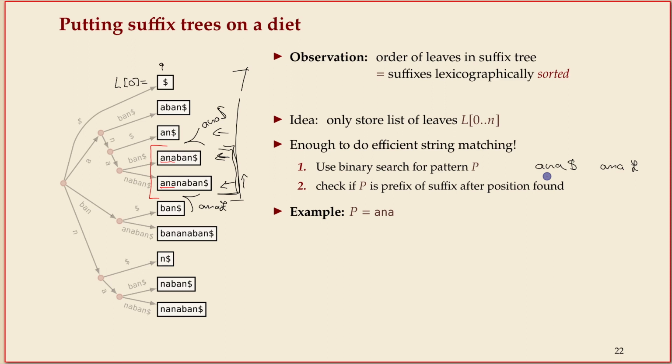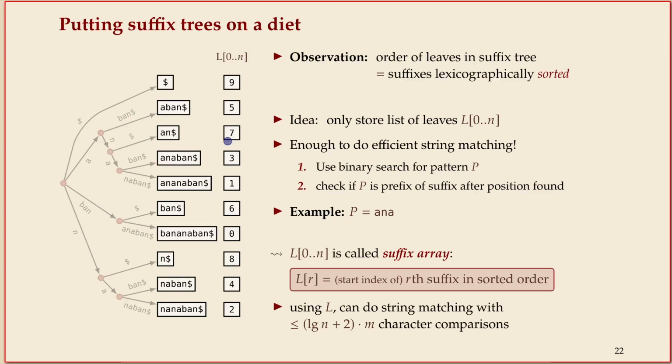So by two binary searches, I can find all the indices where this string occurs. So I could do the same kind of trick as in the suffix tree, but without all the tree. I've forgotten all the pointers and all of the nodes. I just kept the sorted order of the suffixes. So that's a bit of my motivation for why you don't actually need much from the suffix tree for this application.